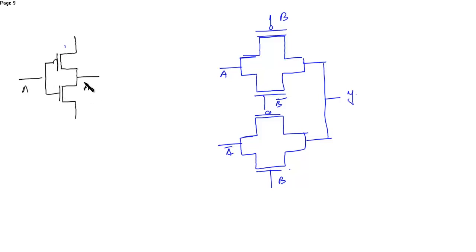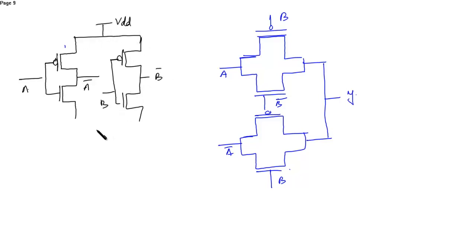with input A, output A bar, another inverter, input is B, output is B bar, connected to VDD. These two are connected to ground.